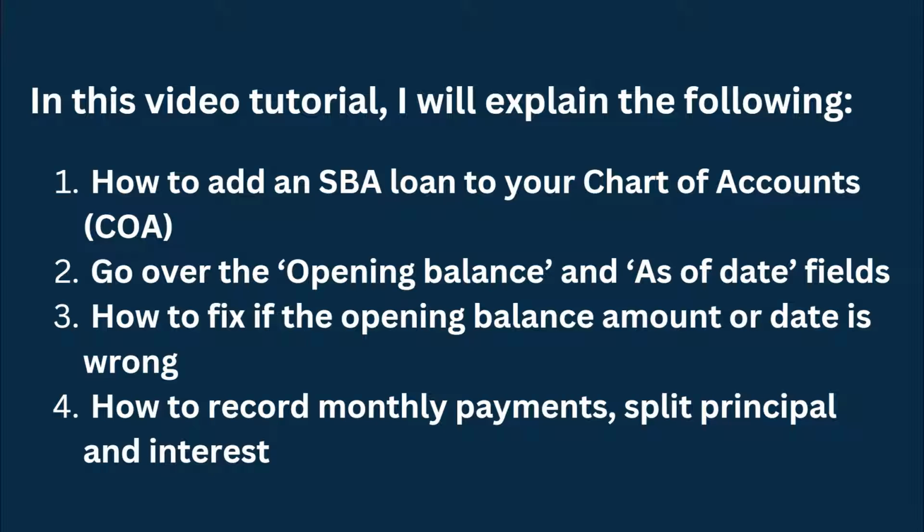And finally, if you're making monthly payments, I will show you how to record them. The monthly payment includes principal and interest, and I'll show how to split those and record them in QuickBooks Online.